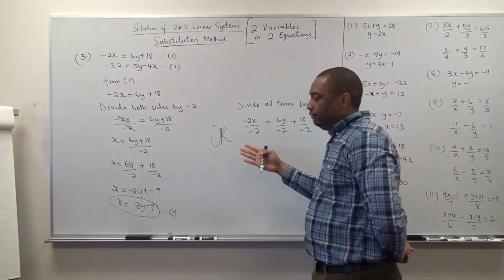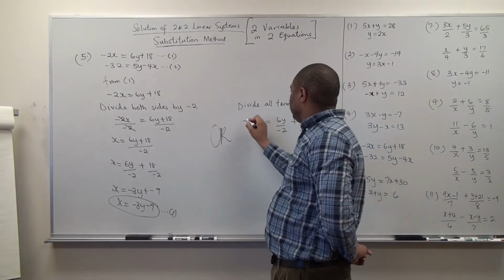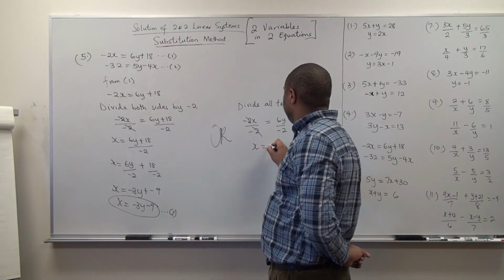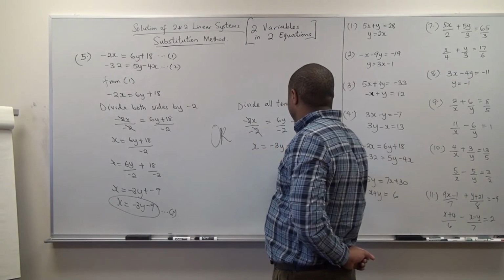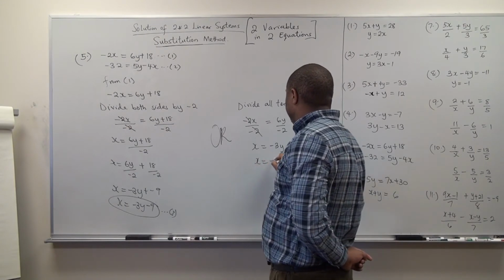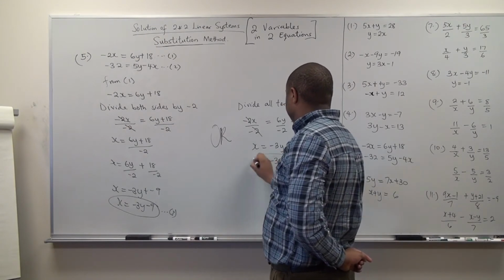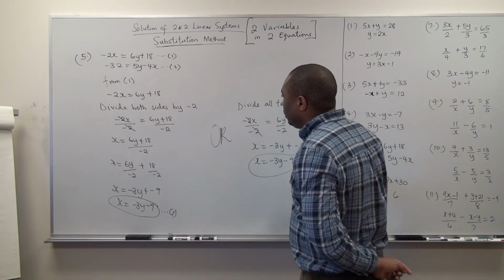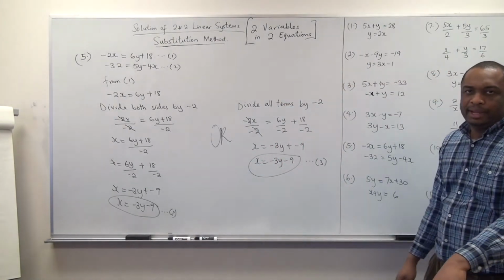You can do it either of these ways. And this gives you, this crosses out, x will be -3y plus -9. x will be -3y minus 9. Equation 3. So any of the ways you want to do it, that's fine.